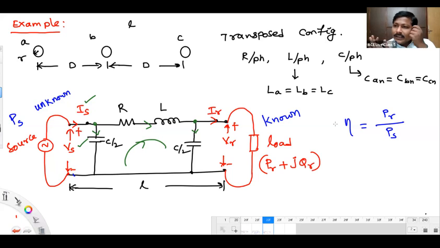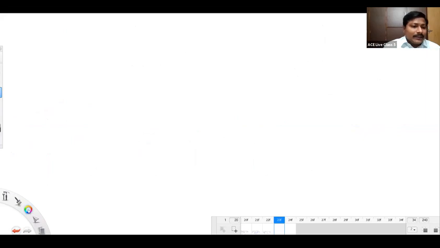So to overcome this laborious process, those KVL and KCL equations that you apply repeatedly, we are going to generalize. I'll show this in the next slide, just go through it.